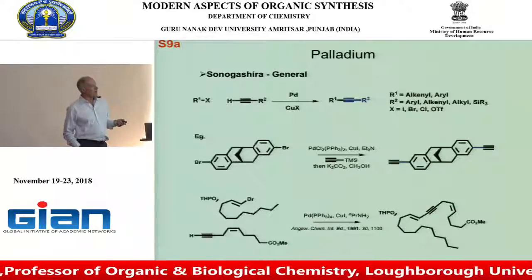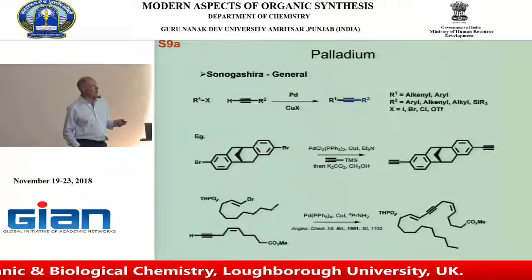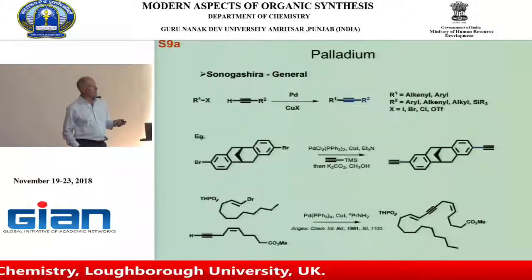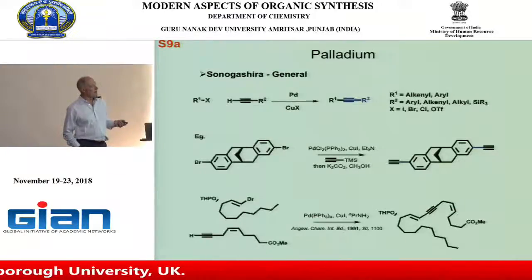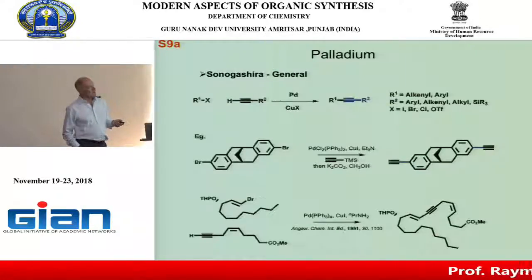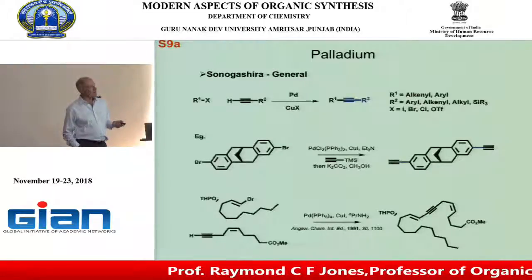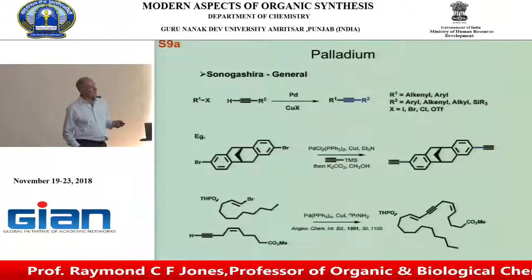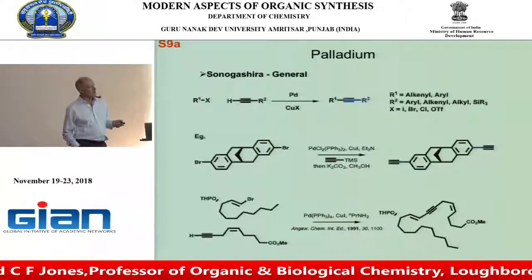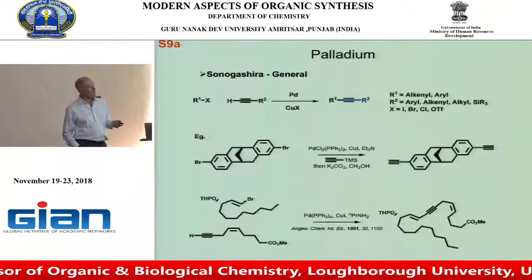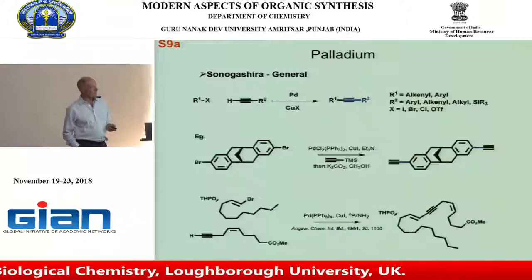So here's an example of a double Sonogashira reaction, where we've got a bromide here and a bromide at the other end of the molecule, and a silylated ethyne derivative, acetylene derivative. Palladium is in there, copper 1 is in there, and you get this coupling product.